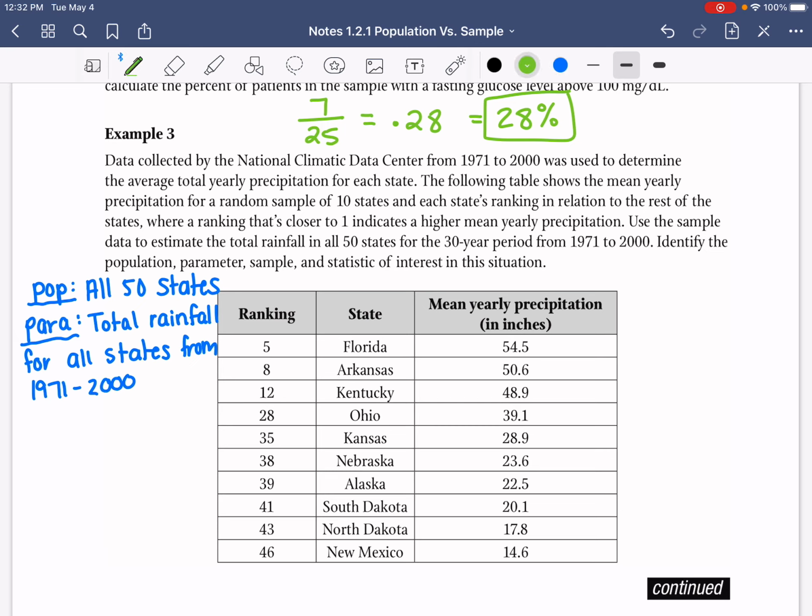Okay, now we're going to think smaller, right? So for population and parameter, we think big. Then for sample and statistic of interest, we think a little bit smaller. So for our sample, we weren't able to take all 50 states, so instead we just have these 10 states, right? A sample of 10 states. So 10 randomly selected states.